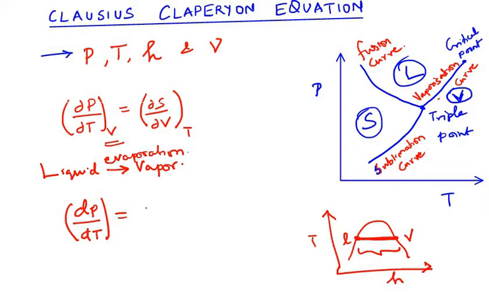So the change of entropy is Sg minus Sf. Similarly, the change in volume is Vg minus Vf, where Vg is the specific volume of the saturated vapor and Vf is the specific volume of the saturated liquid.